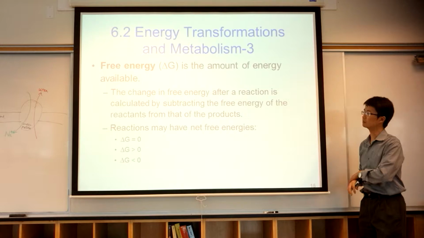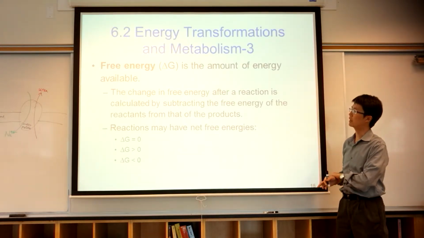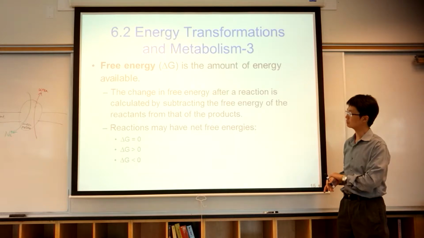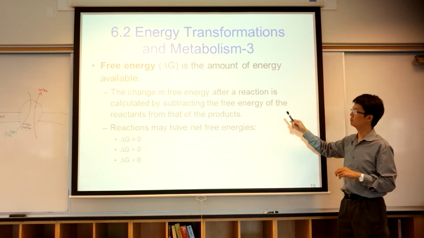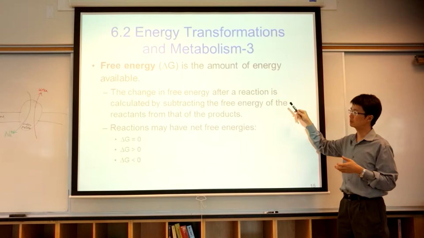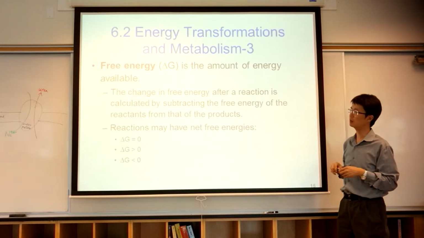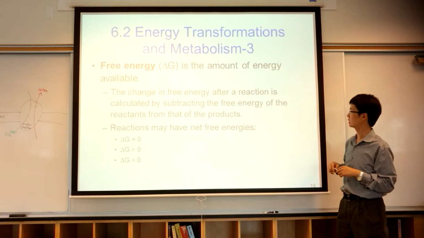Free energy, delta G. Free energy is the amount of energy available. So it said that it's a reaction calculated by subtracting the free energy of the reactant from that of the product. That means the energy of product minus energy of the reactant becomes the free energy.